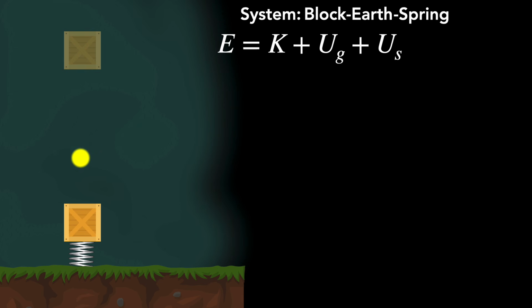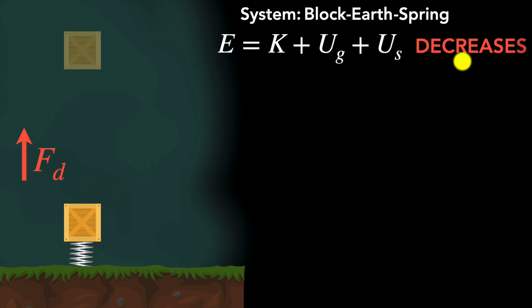Since the block is falling down, the drag force is upwards. This is an external force acting on our system. It's going to change the mechanical energy of our system. So is it doing a positive or negative work? Well, the drag force is upwards, the block is falling down, it's doing negative work. So the mechanical energy of our system decreases.